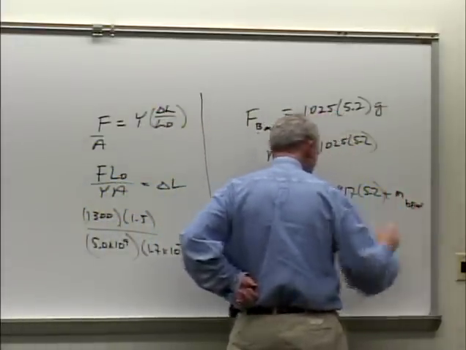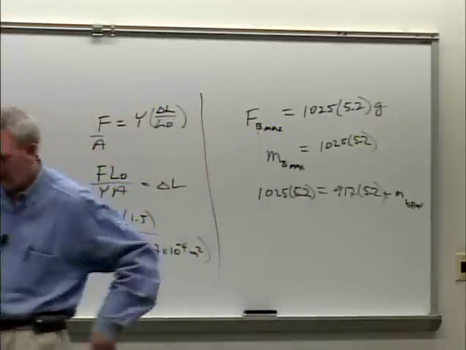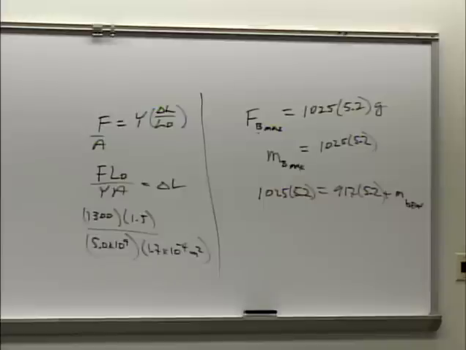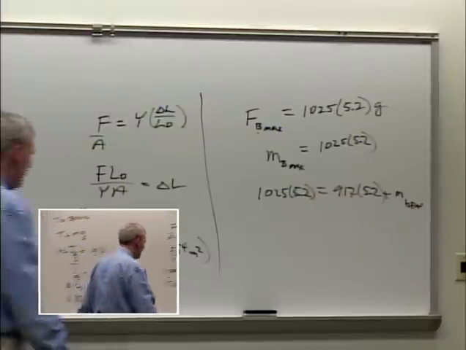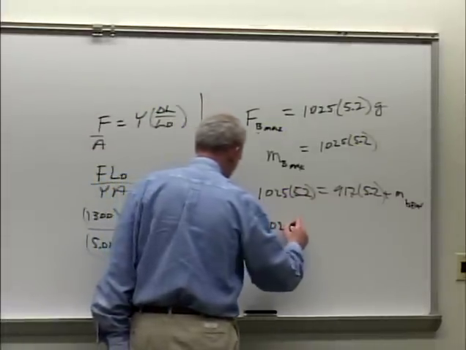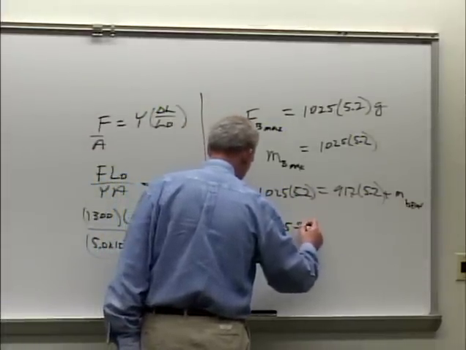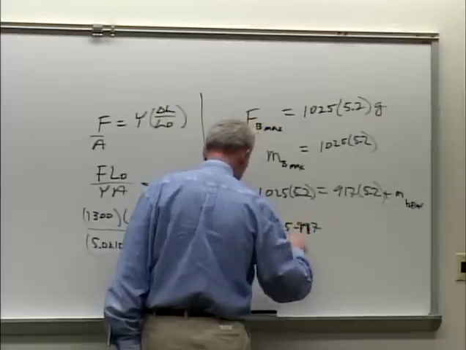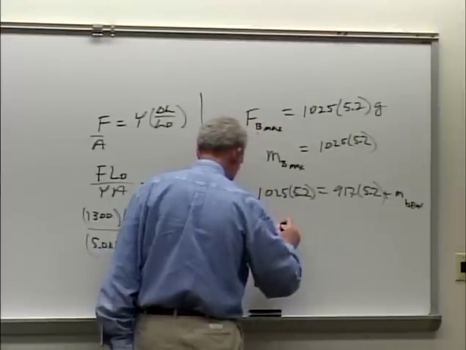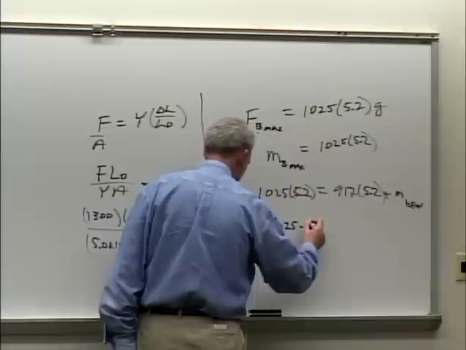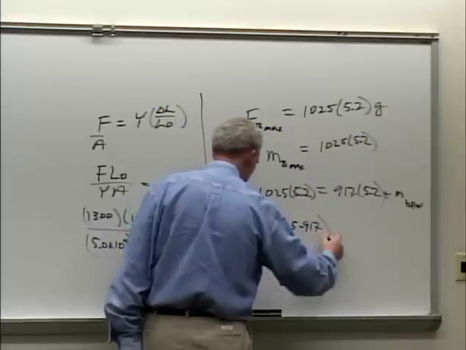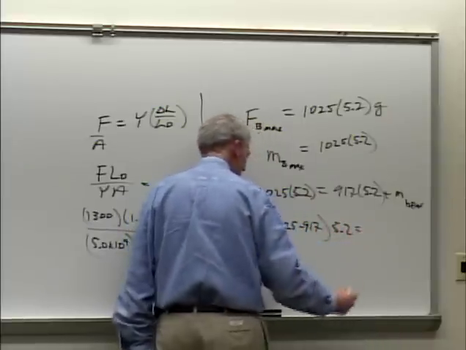Some of you gave me the mass, some of you gave me the newtons. Either one would have been fine. So you just subtract. It really came out to be this simple. 1025 minus 917 times 5.2 equals the mass of the bear.